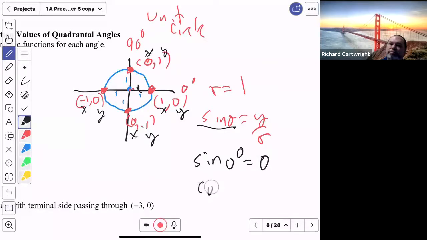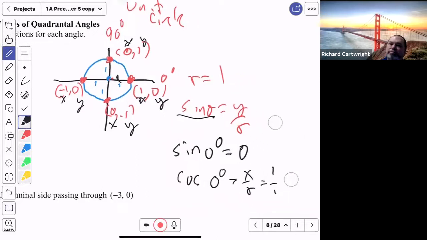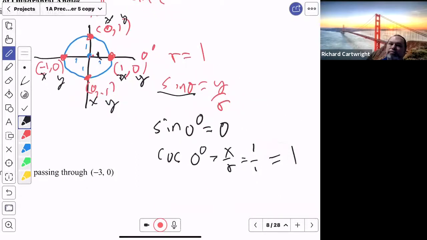My cosine of 0 must be x over r. r is still a 1, but the x is a 1. So the cosine of 0 degrees is 1. The tangent of 0 degrees is y over x. So this is my y, this is my x. 0 over 1, which is 0.